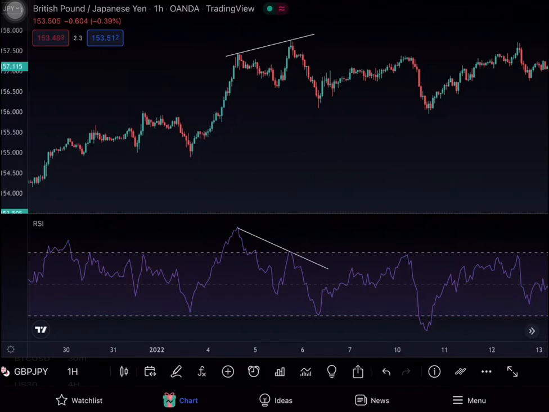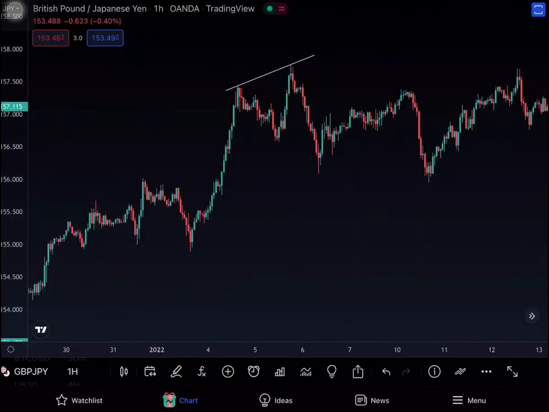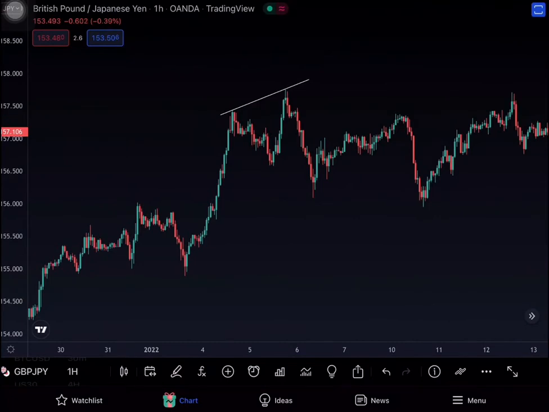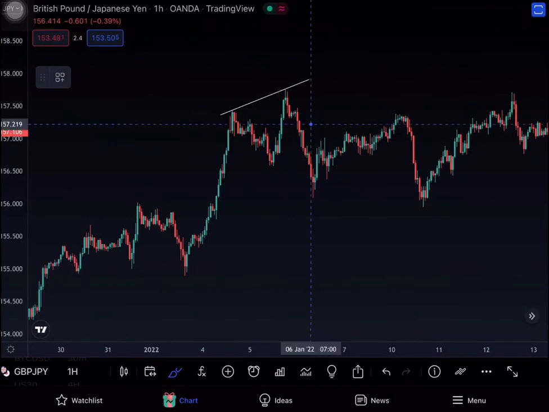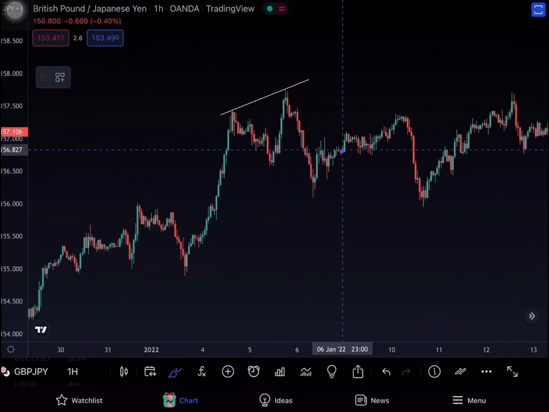After the second high, as you see, we have a massive drop. So as you see in here, we have a divergence, and after the second high, we see a big drop.